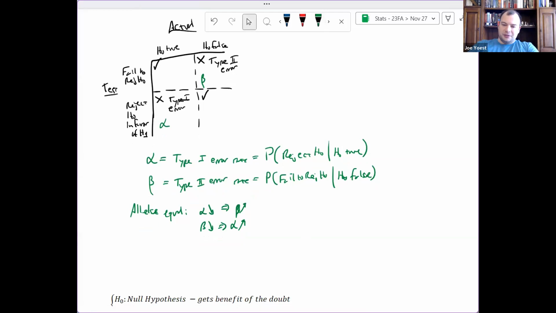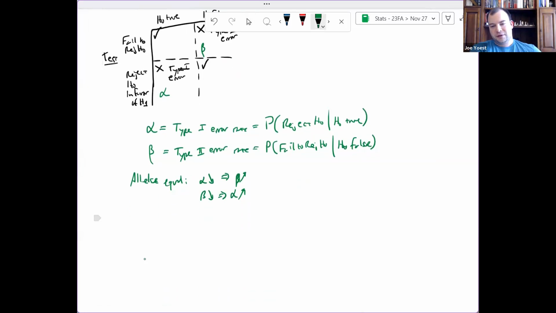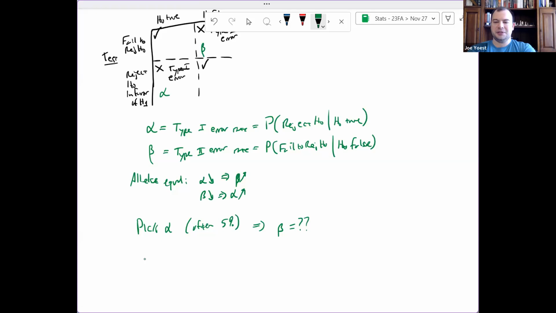Now, in practice, for hypothesis tests, we pick alpha. Often we pick it as 5%. And that, in a sense, implies what beta is, but we never really know what beta is.